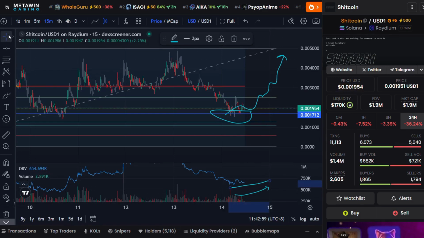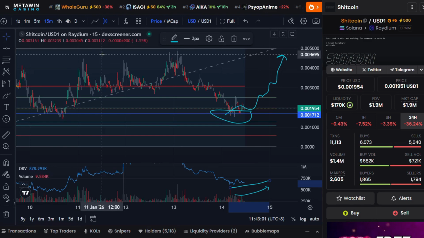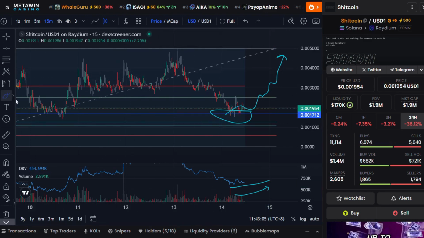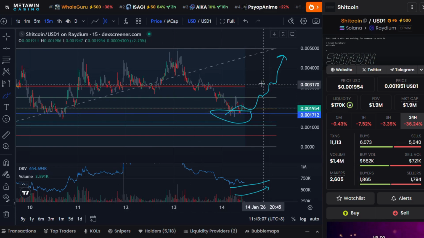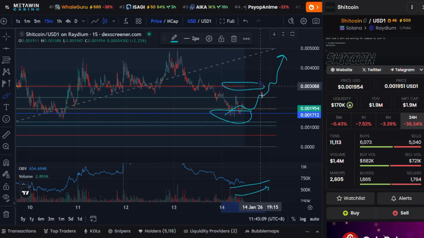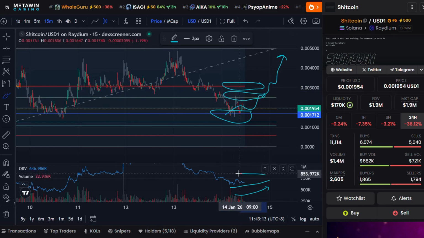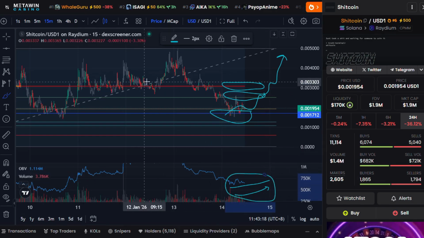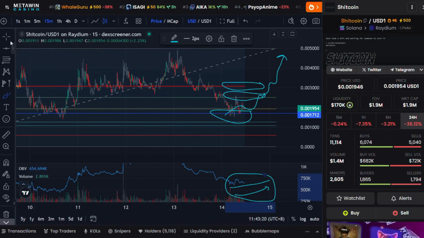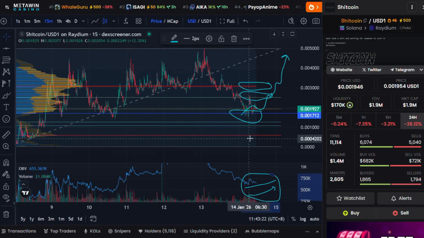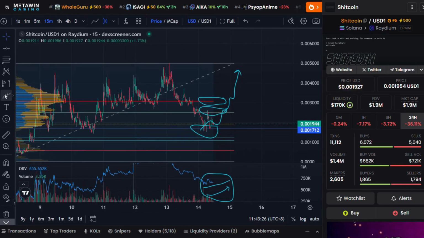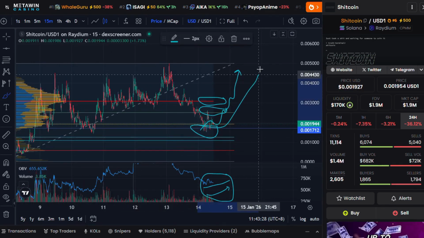If we can see the blue pocket hold, the value area low reclaimed, the 0.5 Fibonacci and the point of control flip back into support, and volume and OBV confirming strength, then this token has the structural conditions in place for a strong continuation move and potentially the kind of explosive upside that we look for in early stage meme coin setups.